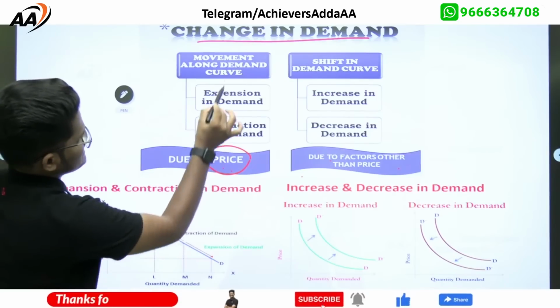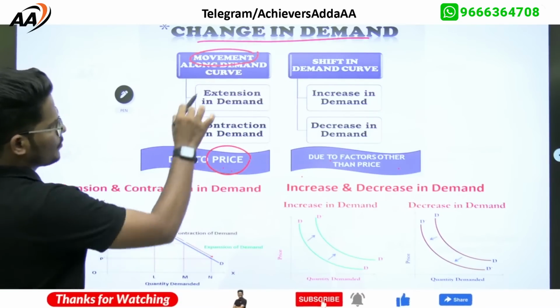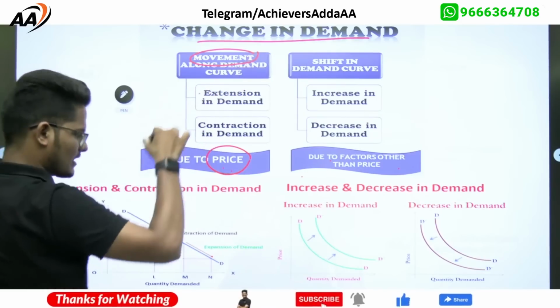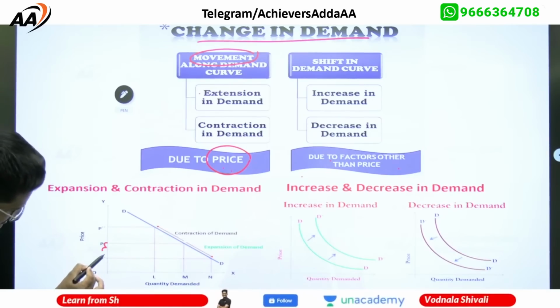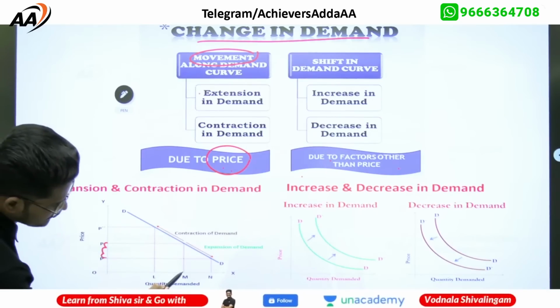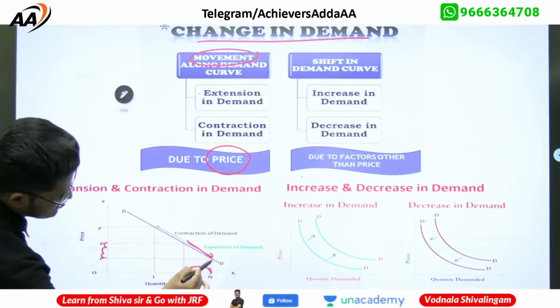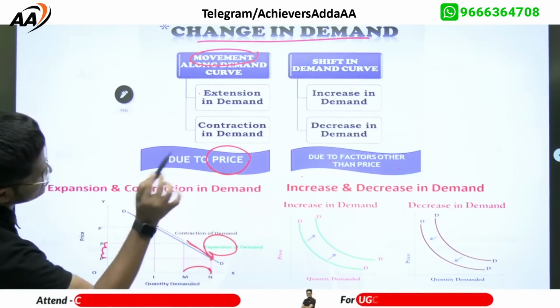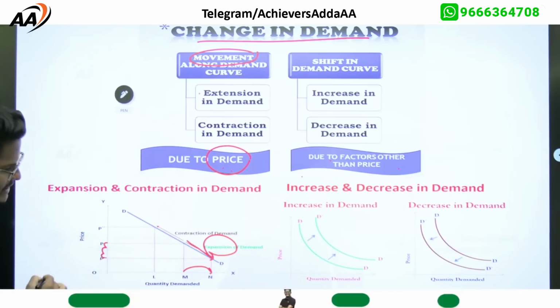When the price changes, movement of the curve will happen. Movement could be extension or contraction. Price is changing from here to here, then demand is moving from here to here. Expansion or extension means an increase in demand due to the decrease in price.